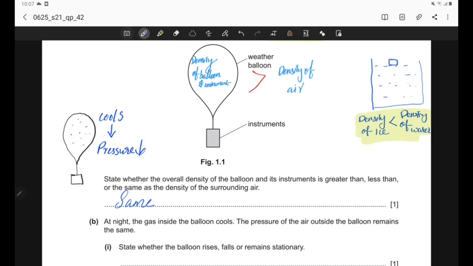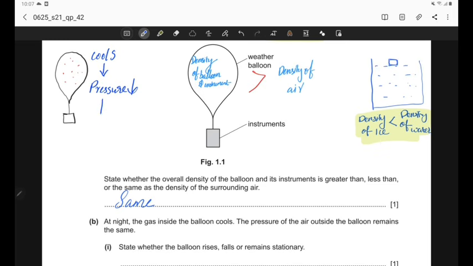When the pressure inside the balloon is less, the balloon will shrink and its volume will reduce. But we know that even though the volume reduced, the number of molecules is still the same.